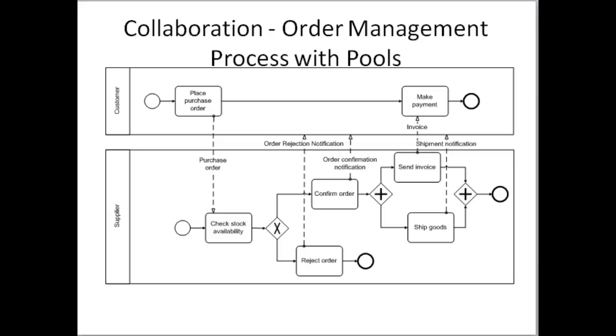Depending on stock availability, the purchase order may be confirmed or rejected. If the purchase order is confirmed, the goods requested are shipped and an invoice is sent to the customer. The customer then makes the payment.